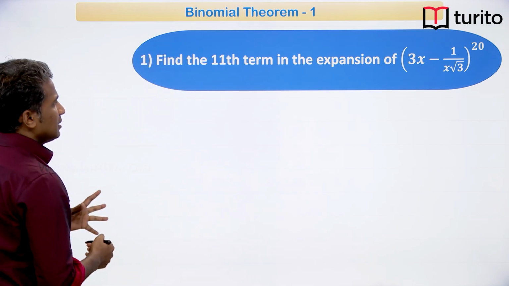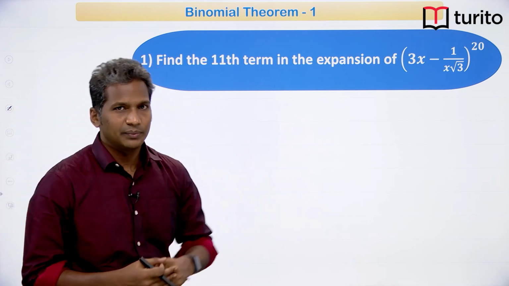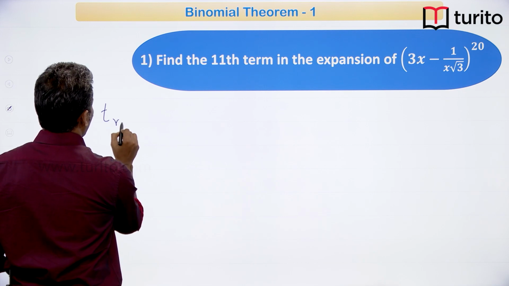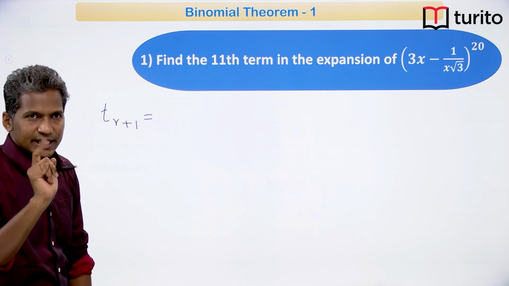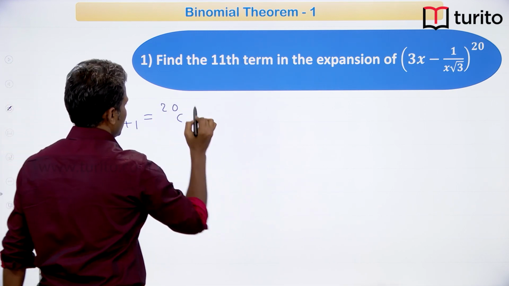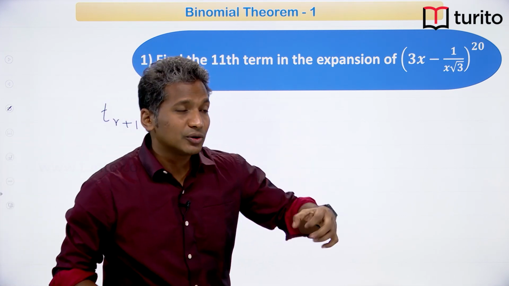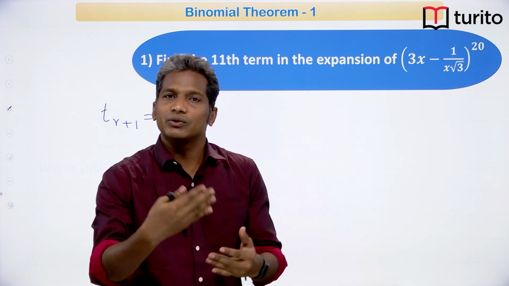In general, what is the general term? It is going to be T(r+1). For this, we can write the general term like this. T(r+1) is going to have nCr, and what is the power? 20. So it will have 20Cr. Now what about the power of the second term? I have remembered a pattern; you can also design your own system.